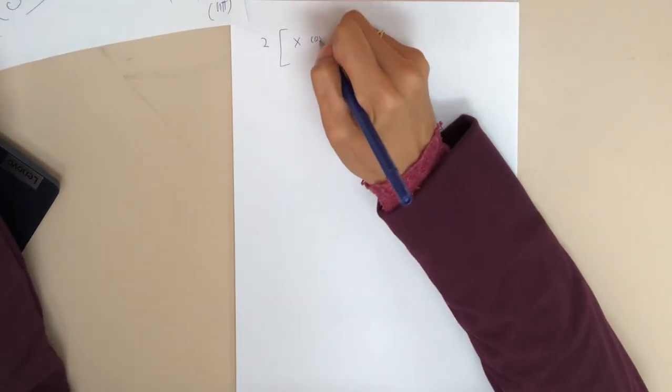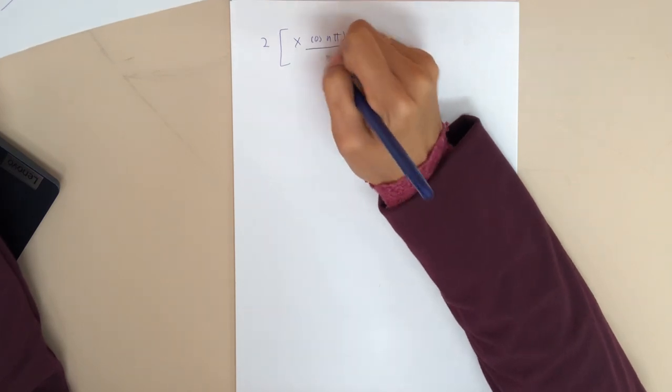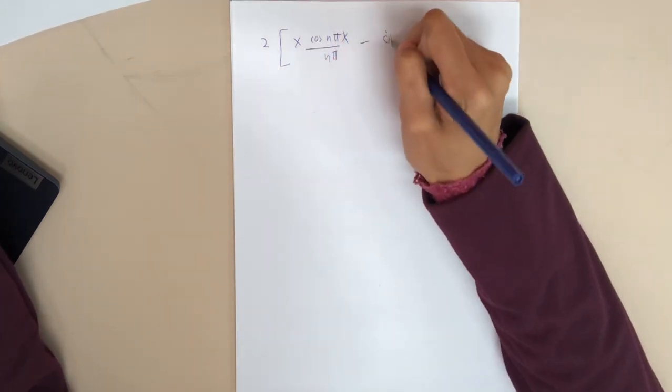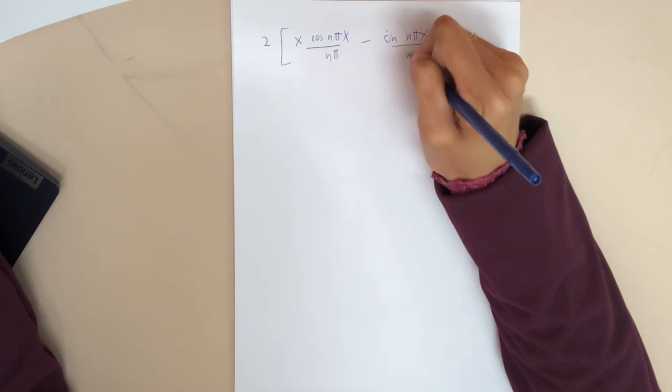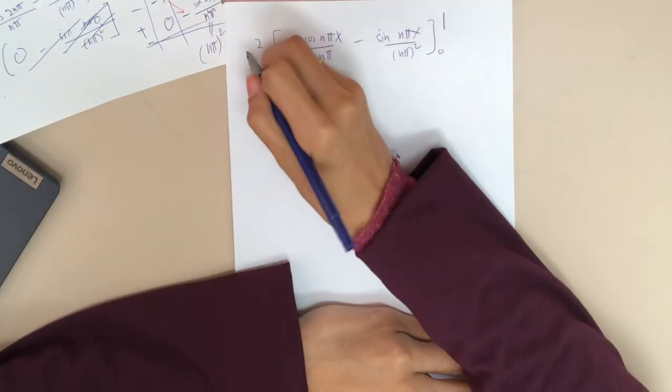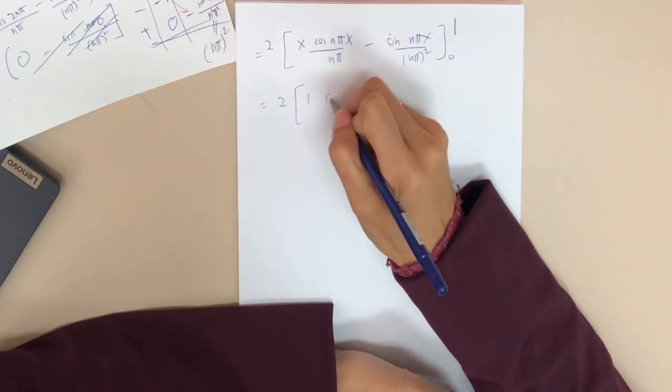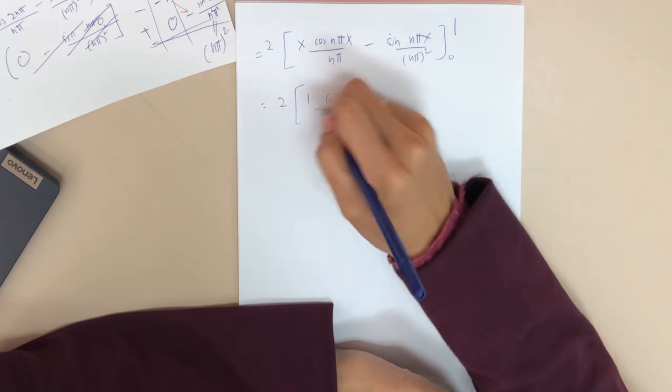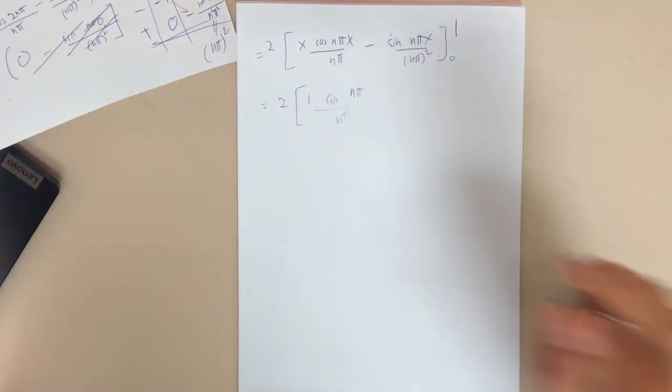Okay, x cos n pi x over n pi minus sine n pi x over n pi square. Okay, 0, 1, okay, 0, 1. So 2, okay, 1 cos n pi over n pi, dah habis.